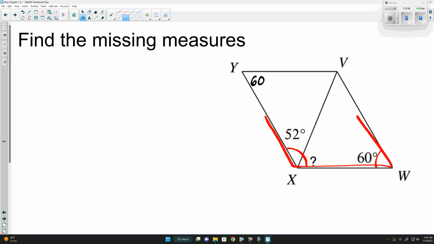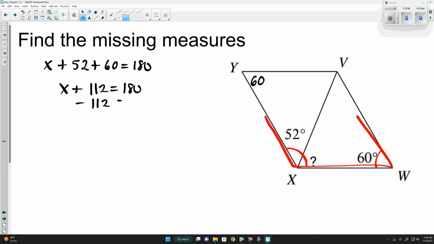So we can say our missing angle X plus 52 plus 60 is 180 degrees. So we have 112 is equal to 180. So we can minus 112. So our missing angle is 68 degrees.